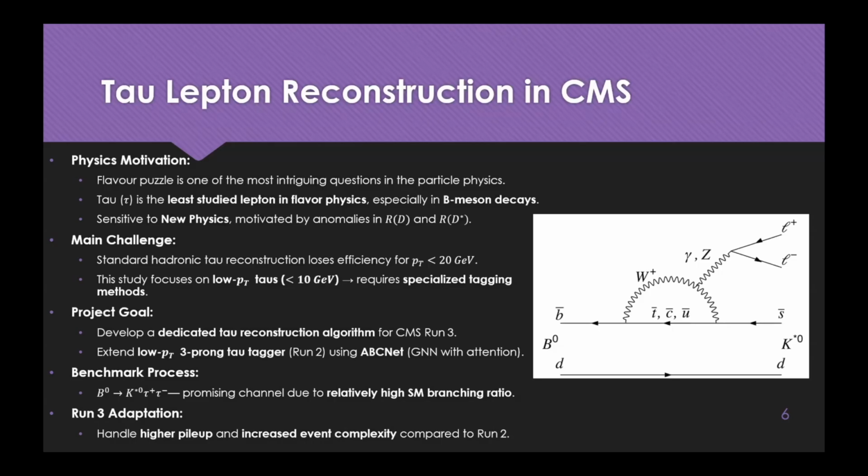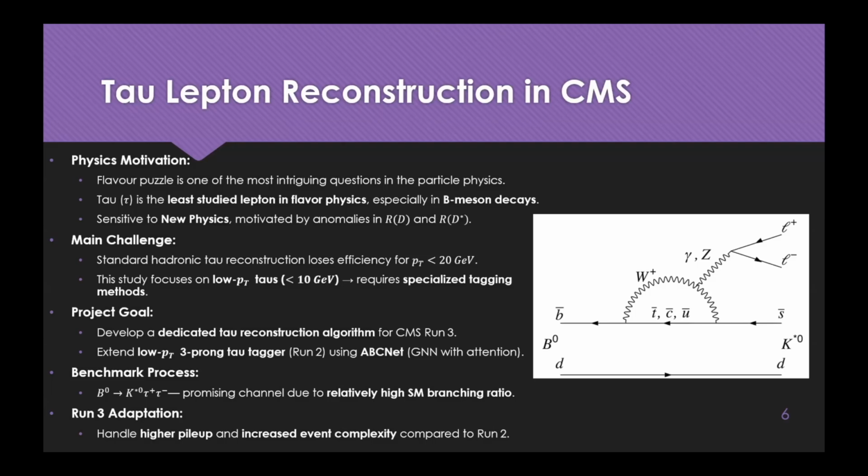Okay, yeah, thank you. So it's one of the most interesting and complicated questions in particle physics, in the standard model, and from electron, muon, and tau, tau is the least studied lepton, so it's the most interesting, especially in B meson decays.